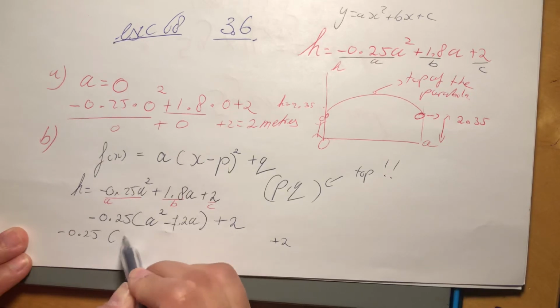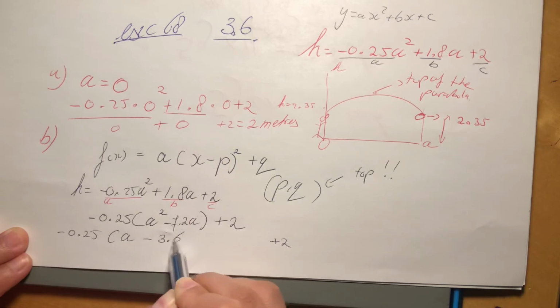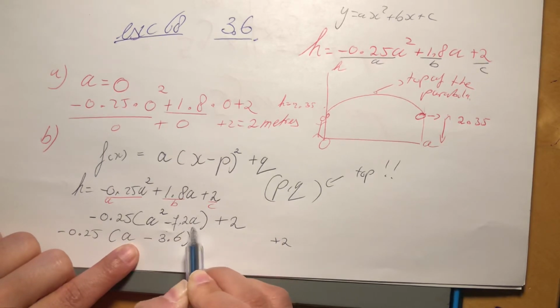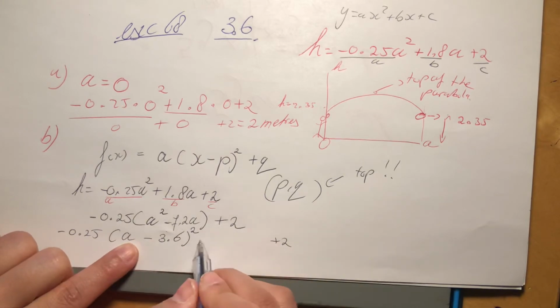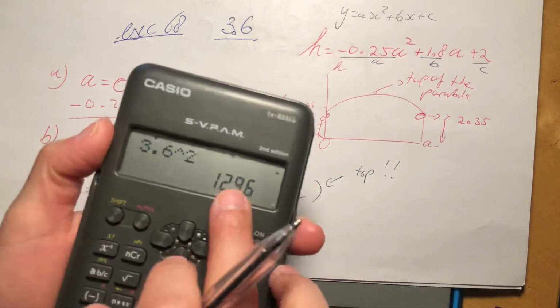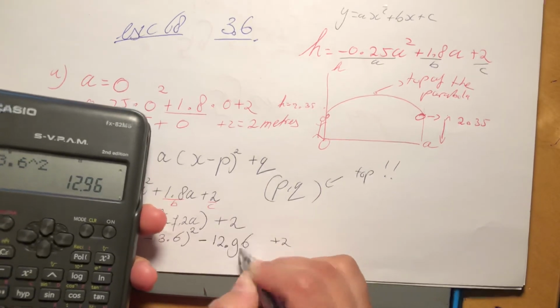So you get a, you divide this, it's minus 3.6. Then this to the power of 2. And you subtract that 3.6 to the power of 2, which is minus 12.96.